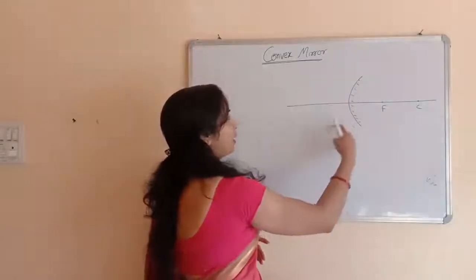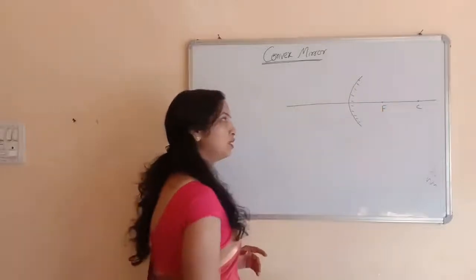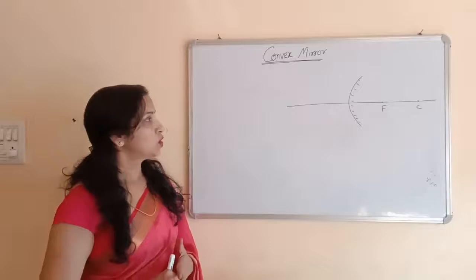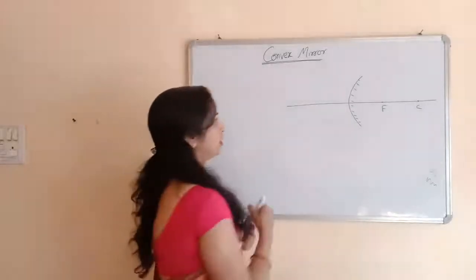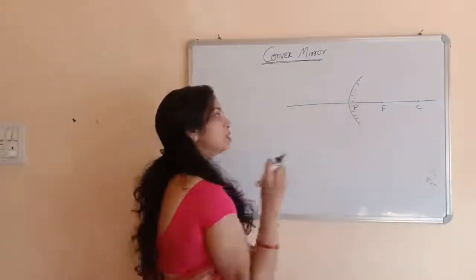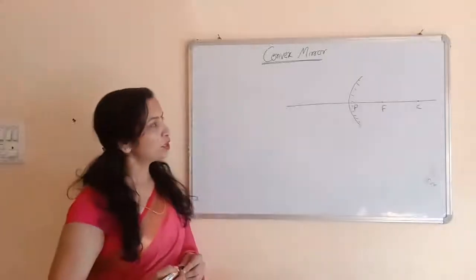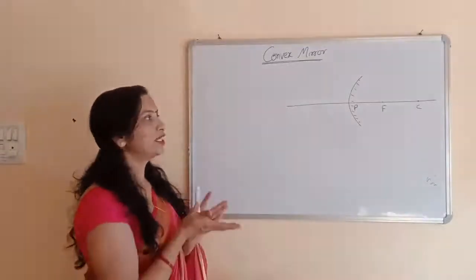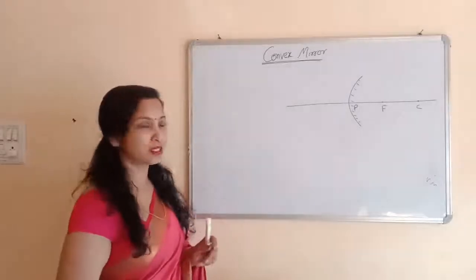The point from which all the parallel light rays appear to diverge is called the principal focus of the convex mirror. And the pole is the center of the mirror. If we join the pole with the principal focus and extend the line on both sides, this is called the principal axis.